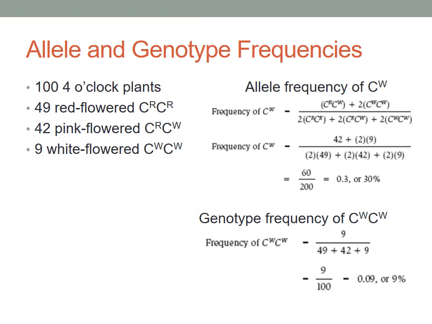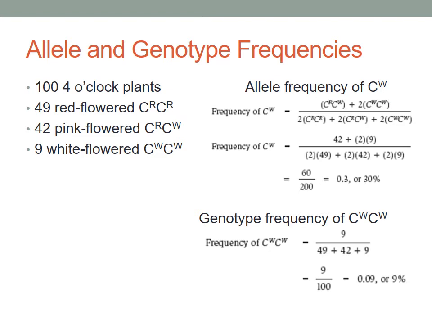Every pink flower contains 1 white trait, 1 white allele. So we're doing 1 of that. So the pink plus 2 times the whites, because the white only have white alleles. So we get 1 from the pink, and then we get 2 from each white flower. So that's 42 plus 2 times 9.